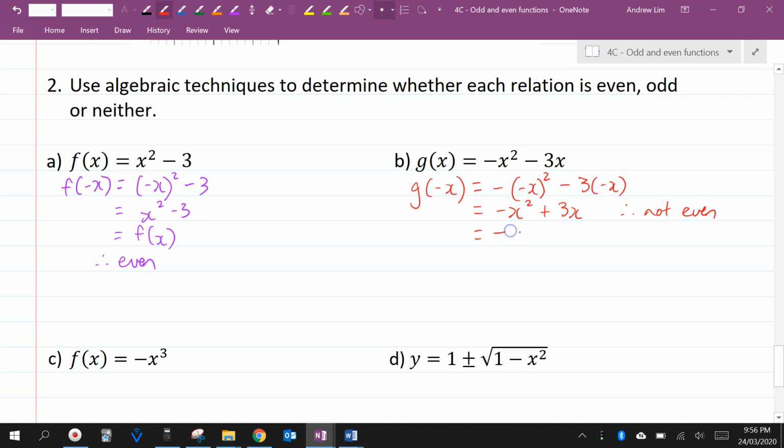Let's factorize out a negative. If we factorize out a negative, we've got x squared minus 3x. Well, they're not the same. This is x squared minus 3x. This is minus x squared minus 3x. So don't forget about that minus sign. Therefore, it's not odd, because it's not negative f of x. Therefore, this is neither.